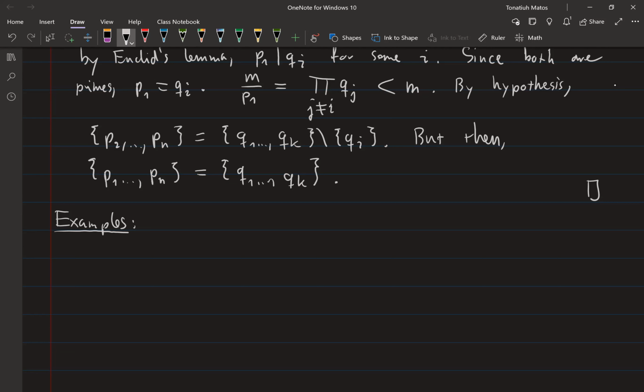So every prime number is, of course, just a product of itself. The number 15 would be 3 times 5. I don't know, number 56. How do you factor the number 56?